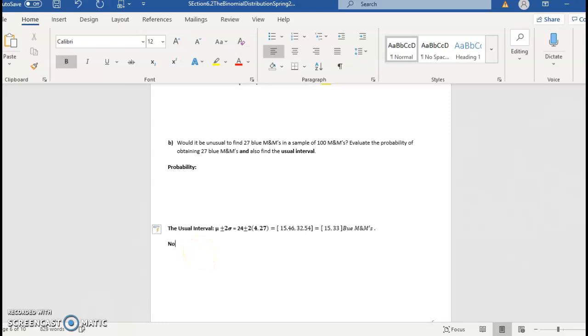So you would simply say it is not unusual to find 27 blue M&Ms, since the usual interval consists of 15 to 33 of the blue M&Ms.